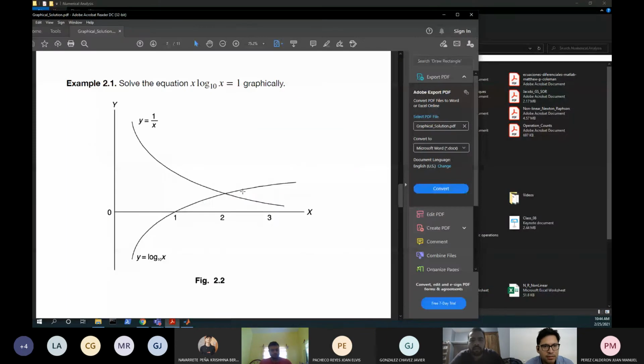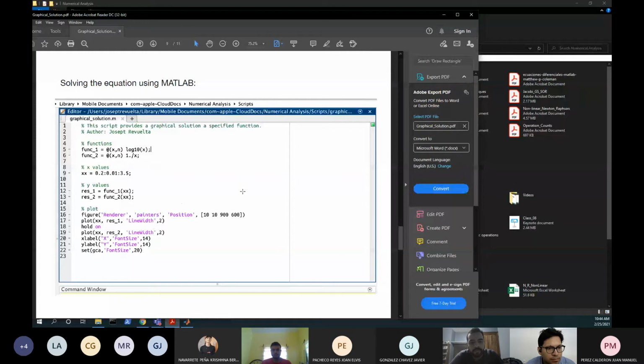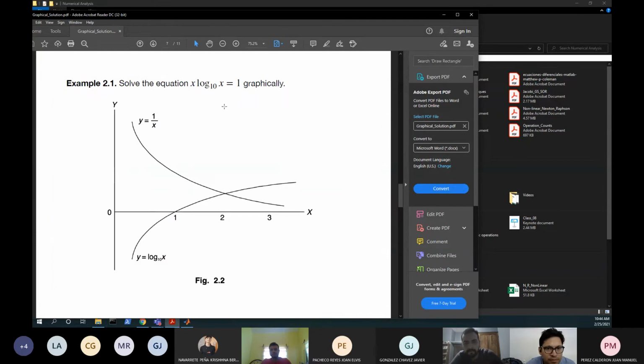Profe, en este caso el resultado, ¿cuál sería? 2.5. Exactly, yeah, because if you substitute 2.51 in the original equation, this is original, you get 1, right? 2.5 es la solución, ¿no? Donde es la raíz, 2.51. Toca 0 en las X, ¿no? No, it's not 0 in the X's.